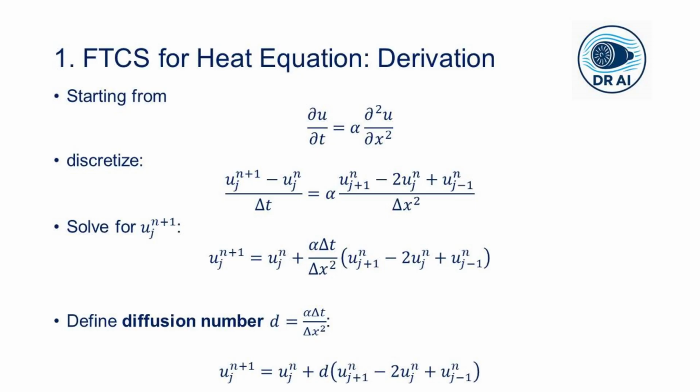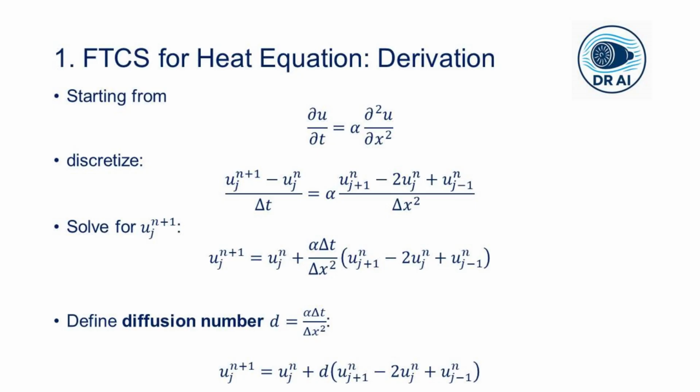We define the diffusion number over here as d equals alpha delta t over delta x squared. Then the scheme becomes u_j^(n+1) equals u_j^n plus d, the diffusion number, times the bracket u_(j+1)^n minus 2 u_j^n plus u_(j-1)^n.